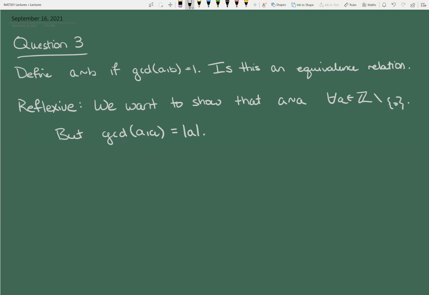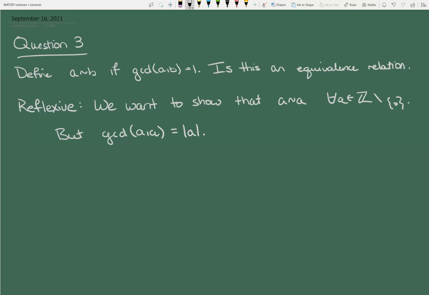And you might say like, yeah, I knew what the answer was. Why are you being technical like that? But we have to be careful, right? The definition of the greatest common divisor is the largest positive number which divides both of them. So we need to make sure that we take the absolute value here. It's not a big deal, but we have to be a little bit careful when we do it.